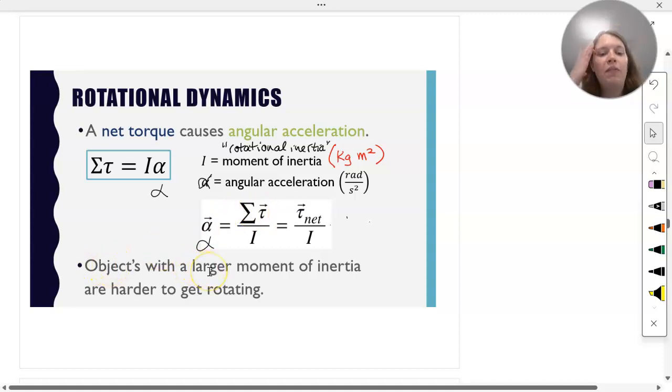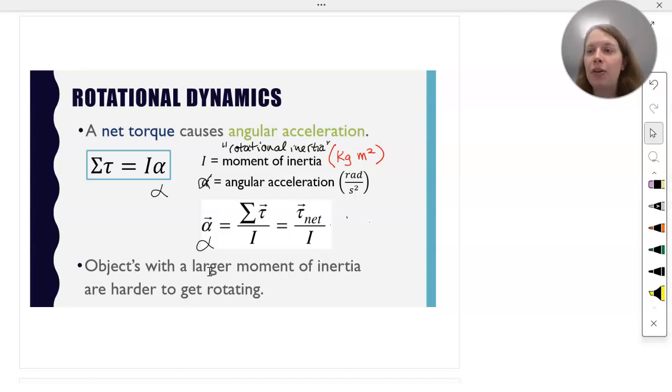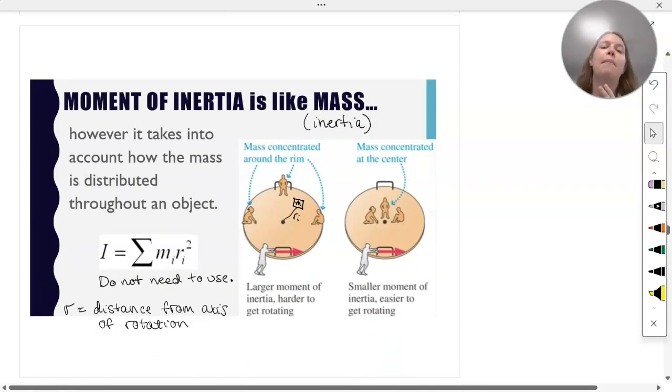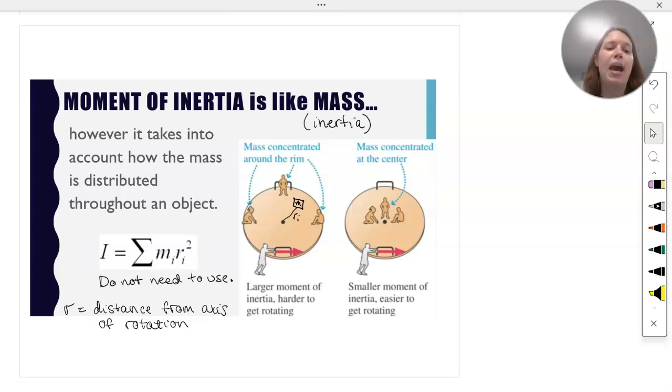Really, the idea with moment of inertia is that objects with a larger moment of inertia have a harder time accelerating in an angular way. So rotational inertia is like mass; however, it takes into account how the mass is distributed throughout an object.